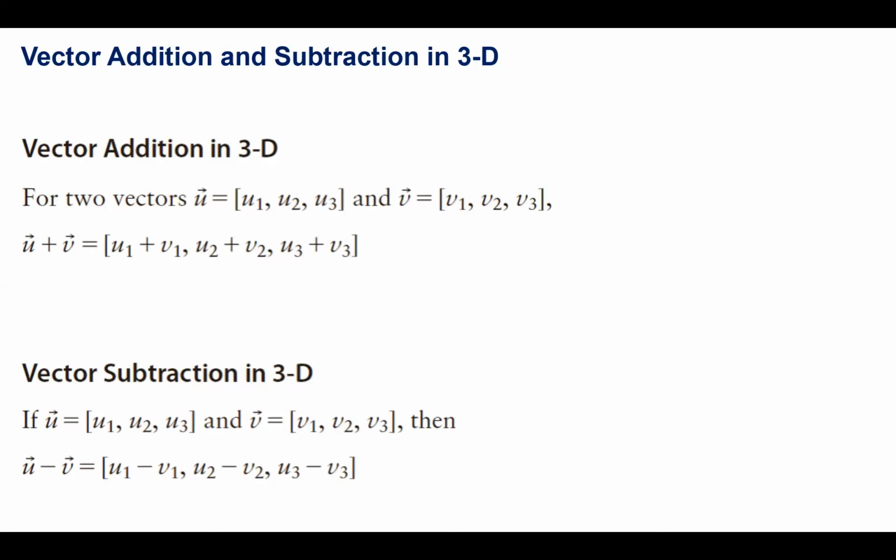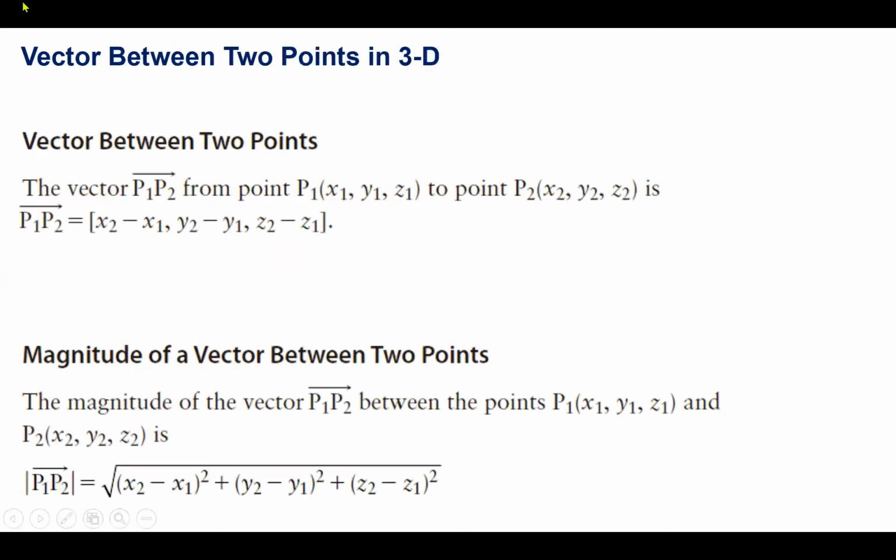Similarly, u minus v is given by (u1 minus v1, u2 minus v2, u3 minus v3). Any questions? Okay, if no questions, let's have a look at next.